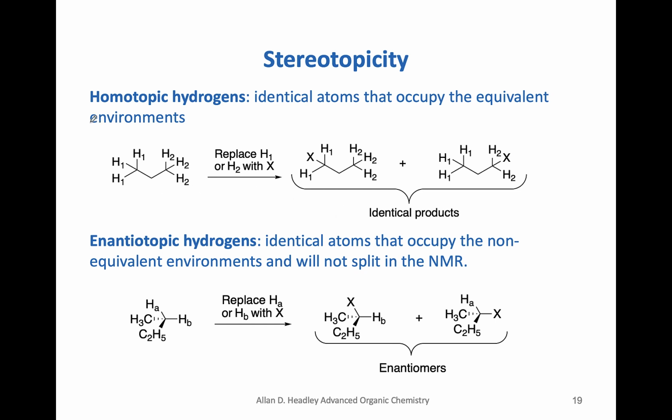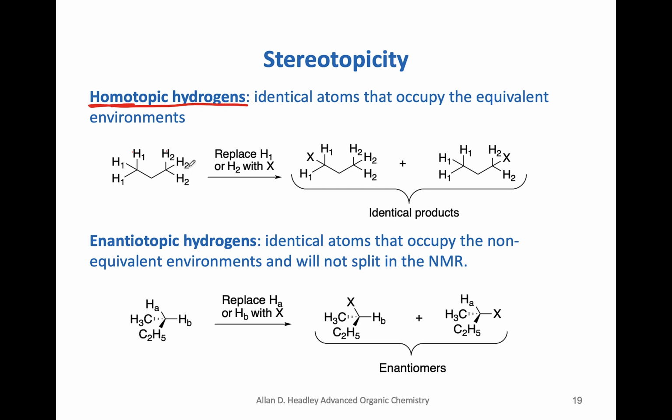So let's look at the first definition here: homotopic hydrogens. Homotopic, as you can imagine, homo means the same. So if you have a molecule like this, we're looking at this hydrogen compared to this. Since all three are equivalent H1s, we are comparing H1s to H2s.